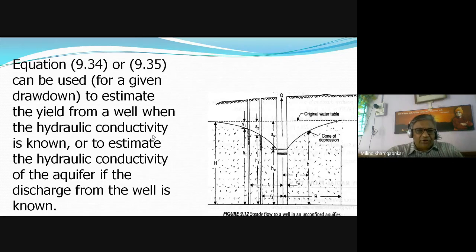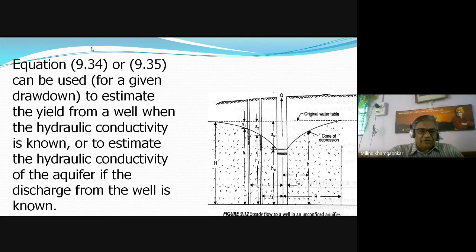All these equations can be used to estimate the yield from the well when the hydraulic conductivity K is known, or to estimate the hydraulic conductivity of the aquifer if the discharge from the well is known.